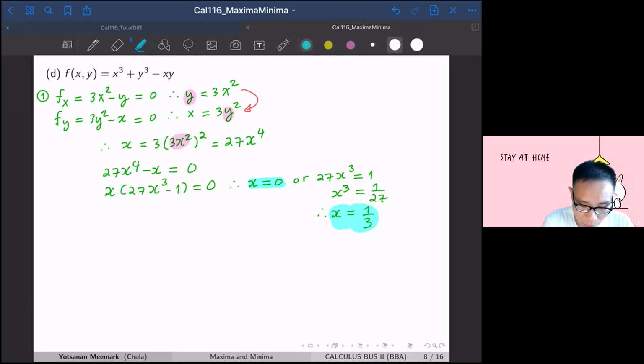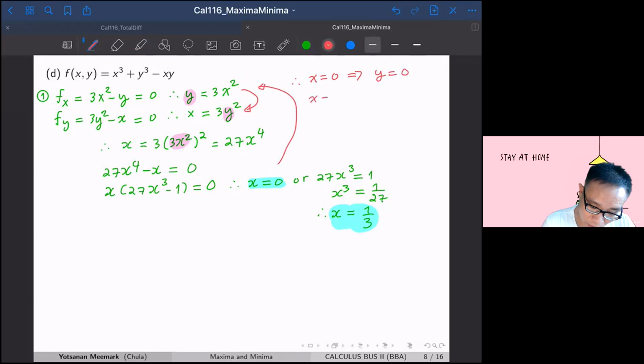You're gonna put your x into 3x squared. So for x equal to 0, you have y equal to 0, and for x equal to 1/3, you have y equal to 3 times (1/3) squared, which gives you again 1/3.